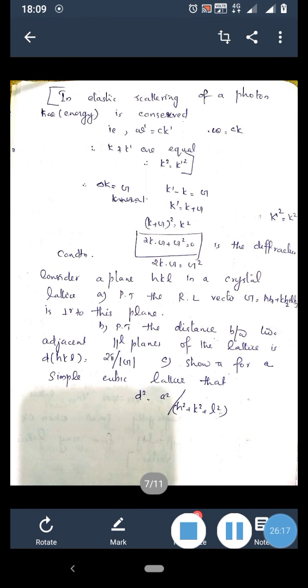And this is another statement of Bragg's condition for diffraction. This is in terms of reciprocal lattice vectors. Now you can convert that equation into the usual Bragg's form, that is 2 times 2π by λ times G sine θ.